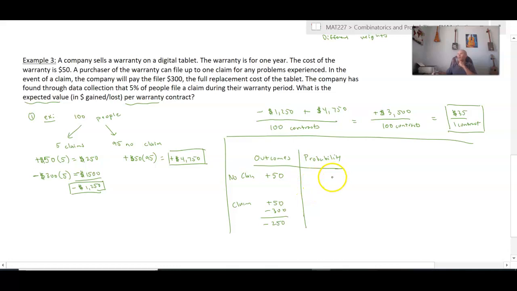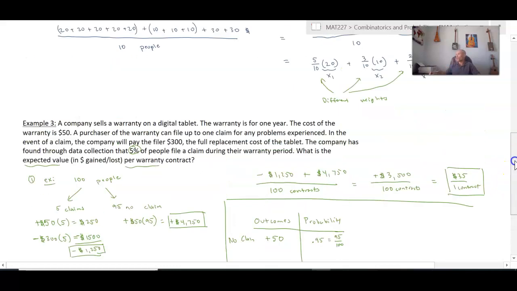Now, as far as the probability goes, we know that the likelihood of filing a claim is 5%. So I'm going to write that as 0.05. You could also write it as 5 over 100. So that value, negative 250, only gets a weight of 5 100ths, whereas filing no claim gets a weight of 95 100ths.